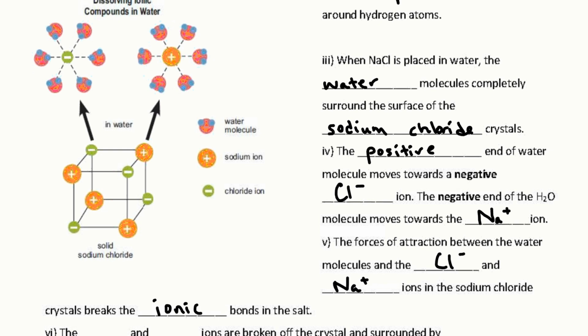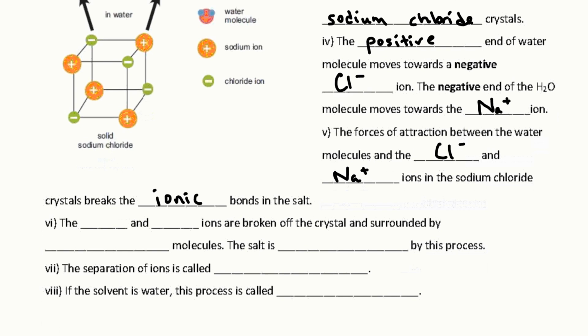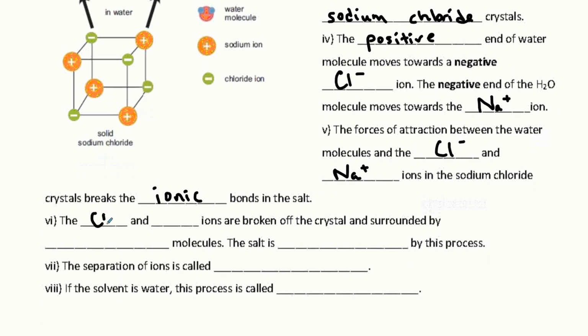Okay, so I'll just finish writing this out and then I'll go back to the diagram and talk about what's happening. So the chloride and sodium ions are broken off the crystal and surrounded by water molecules. The salt is dissolved by this process.